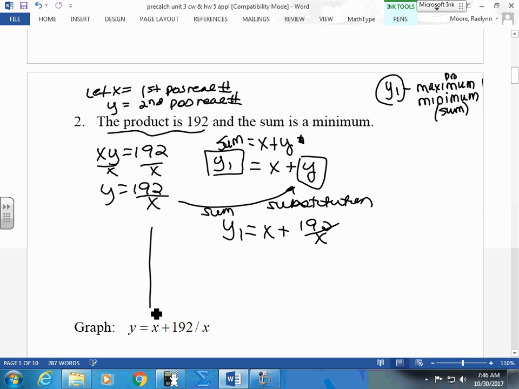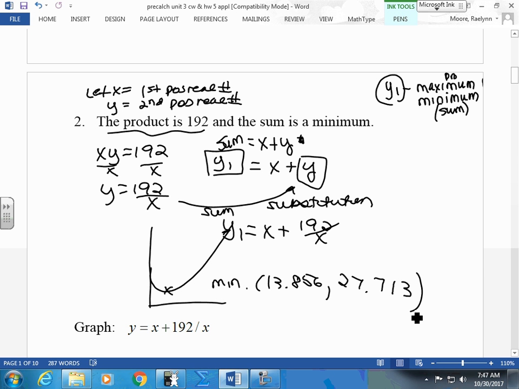Make sure you're getting this. I'm dropping here, and I'm looking for my minimum. It was 7 something, right? 7.713. Thank you.